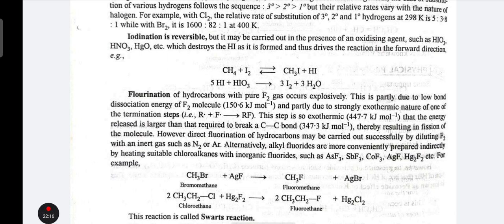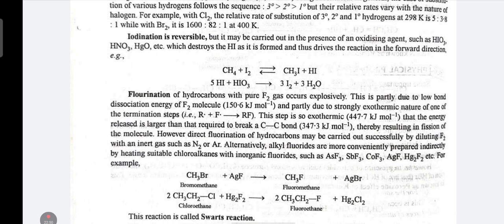Fluorination of hydrocarbons with pure F2 gas occurs explosively. This is partly due to the low bond dissociation energy of the F2 molecule and partly due to the strongly exothermic nature of one of the termination steps. This is so exothermic that the energy released is larger than that required to break a single C-C bond, thereby resulting in the fission of the molecule.